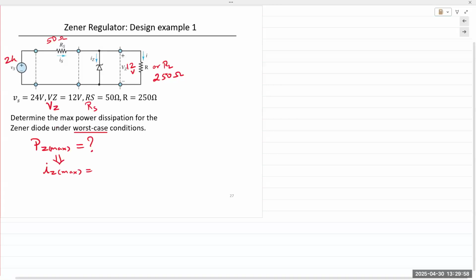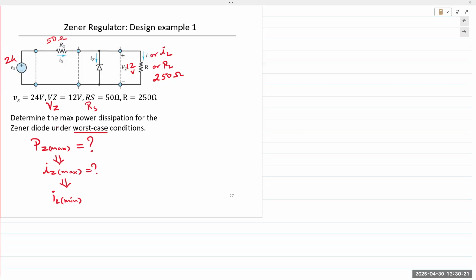So we need to find IZ max. IZ max will occur when IL is minimum. That is the load current on the right, IL.